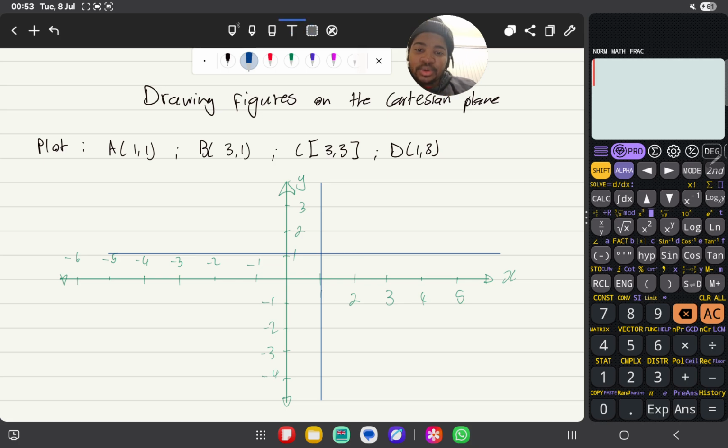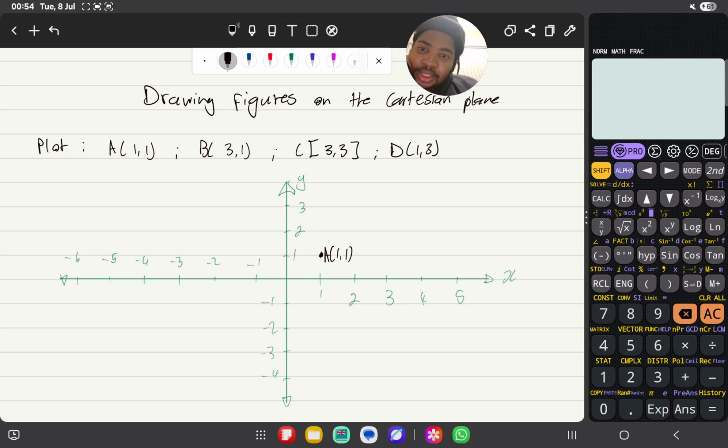Where the two intersect, that's the point (1, 1). So I'm going to make a dot right here and remove these lines, and this is point A, which is (1, 1).